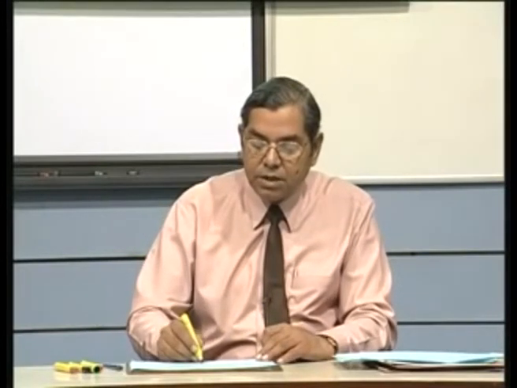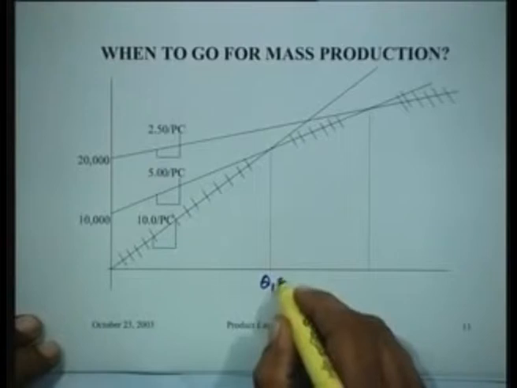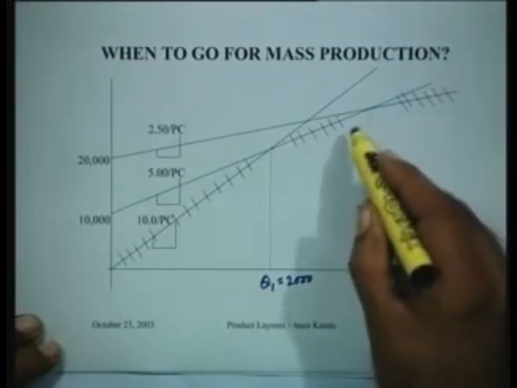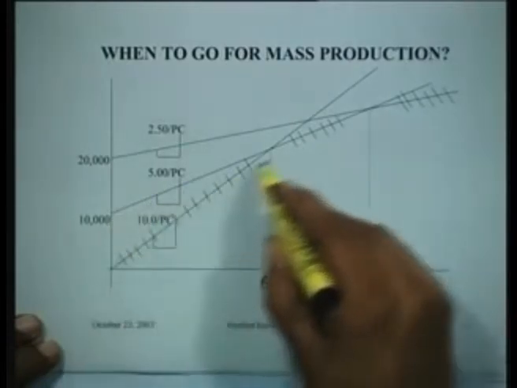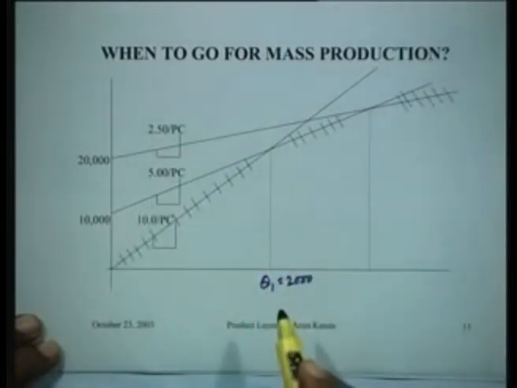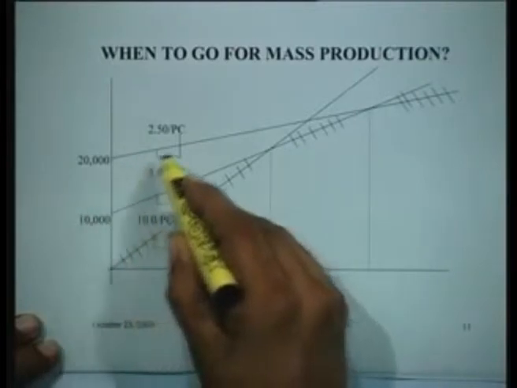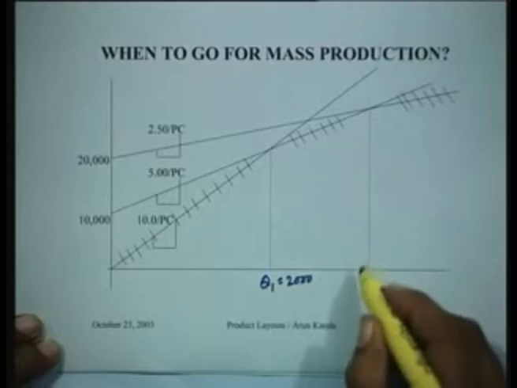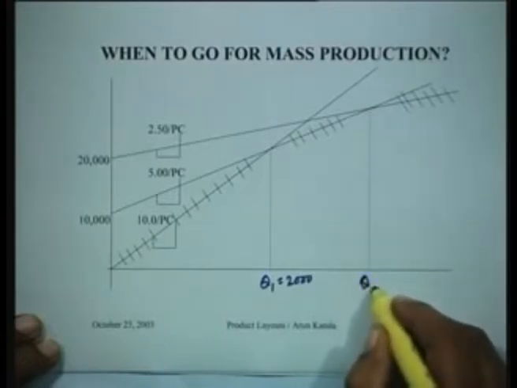Let's call this quantity Q1, which is, let us say, 2000 here. And then you find out the trade-off between the other two options, that is between the option of buying at individual stations and the option of setting up a full assembly line. So what would be this value? 4000. So this Q2 is 4000.